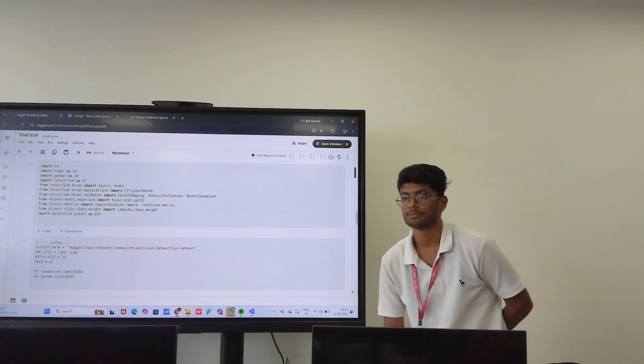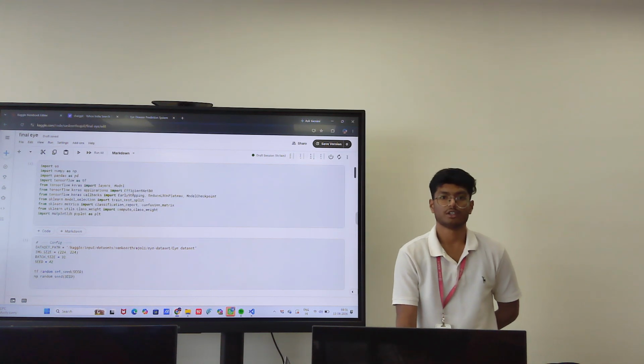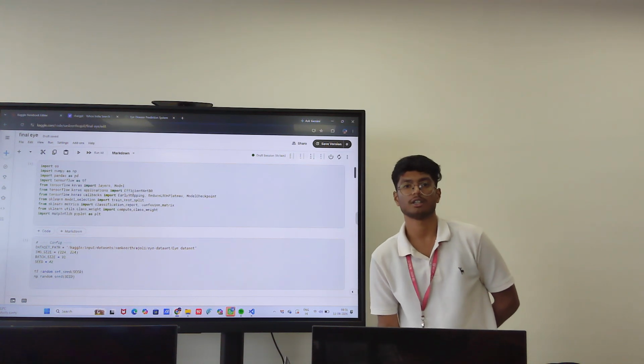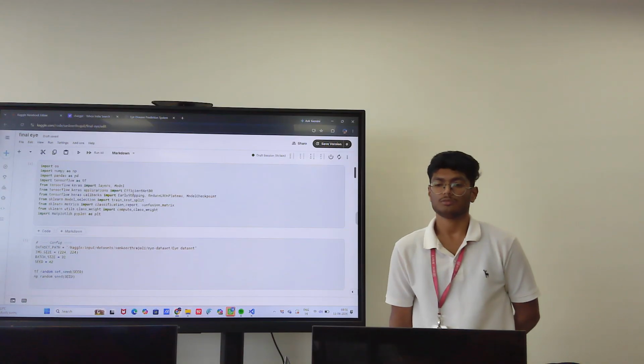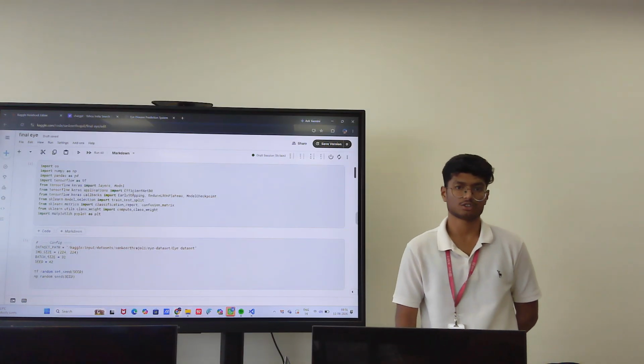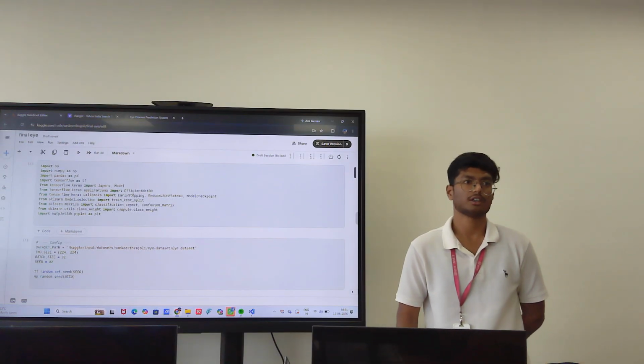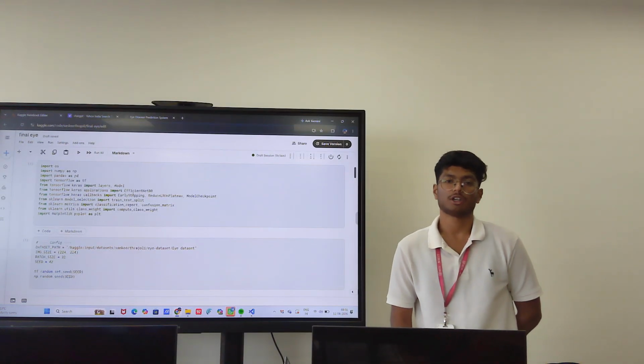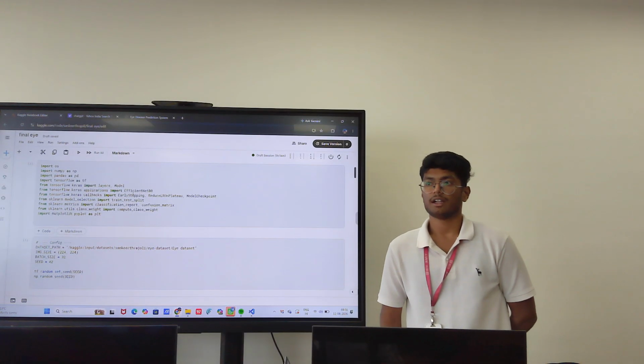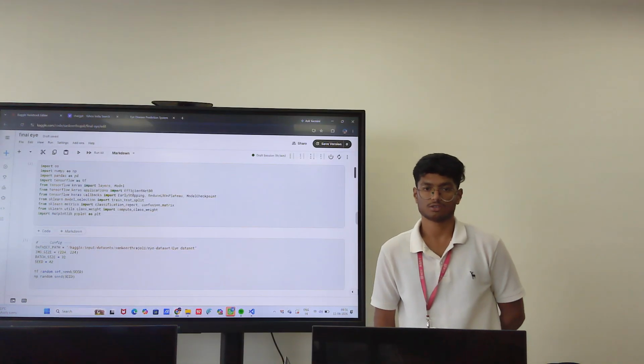I have also used the EfficientNet model. Why EfficientNet? I have a mid-range dataset of 10,000 images, and EfficientNet consists of 5 million parameters, and it is useful for fast training also.